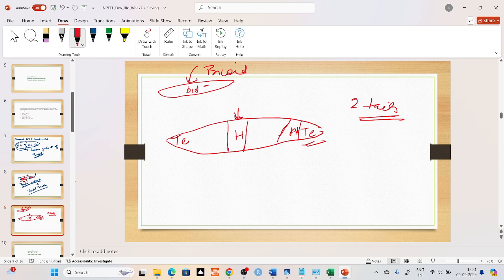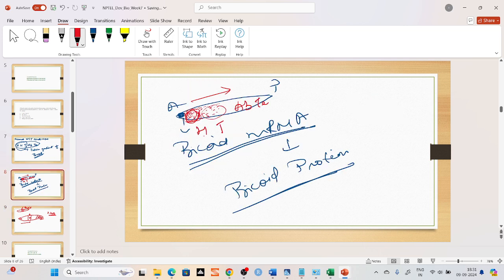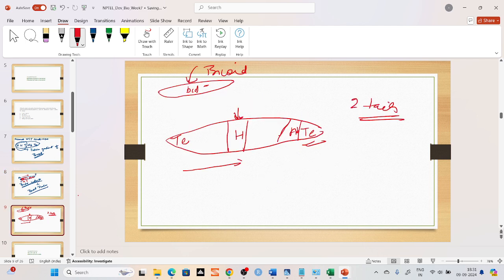Now, in the normal case, the concentration goes on decreasing from the head, and then you have thorax and all. Now here, this bicoid can diffuse to this side also and to this side also.